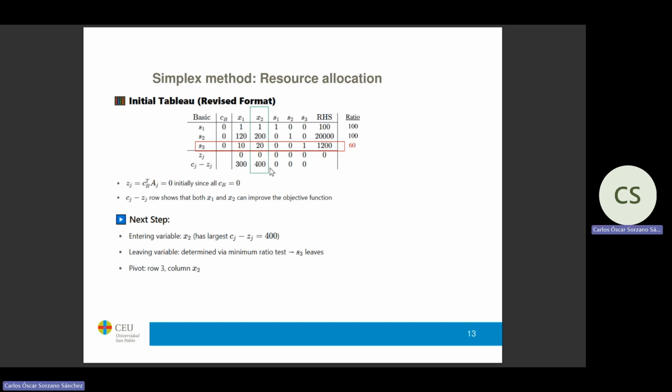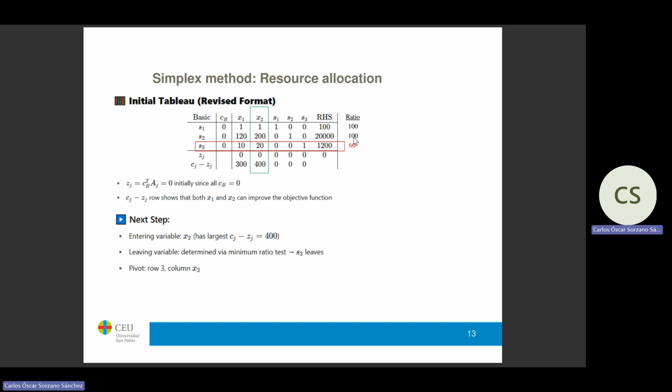So this is the variable to get in. The first variable to get into the solution will be x2. And then we have to find which one is going out. You remember it's the right-hand side divided by this column. So the right-hand side divided by 1 is 100, divided by this is 100, and then this one is 60. So this is the minimum, and this will be the variable going out.